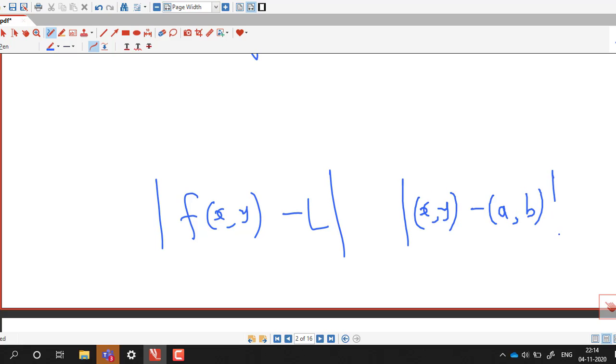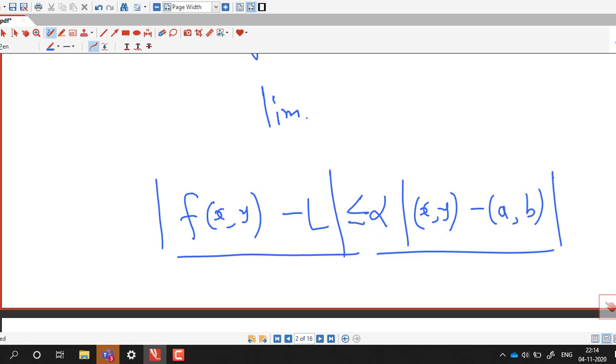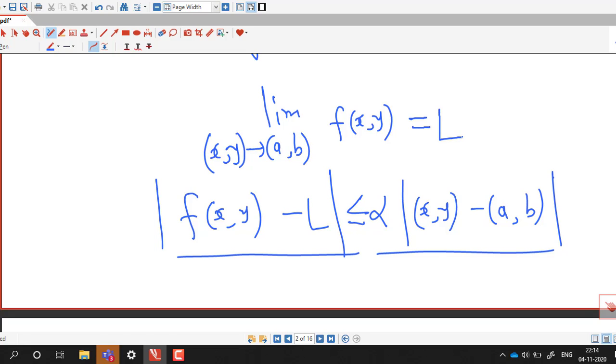Distance between (x, y) and (a, b) is, so if we are able to establish this type of relationship, then we can prove that limit of f(x, y) as (x, y) tends to (a, b) is L if it is possible to establish this type of relationship for some non-zero number alpha.